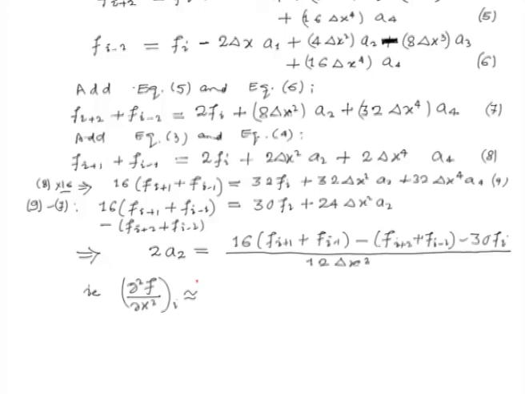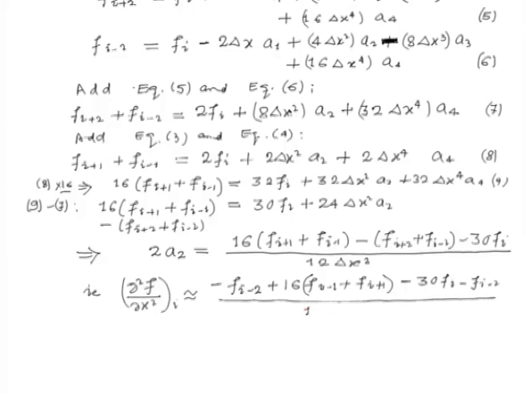Now let's write the terms in index order. So we get minus f of I minus 2 plus 16 f I minus 1 minus 30 f I plus 16 f of I plus 1 minus f of I plus 2, divided by 12 delta x square.